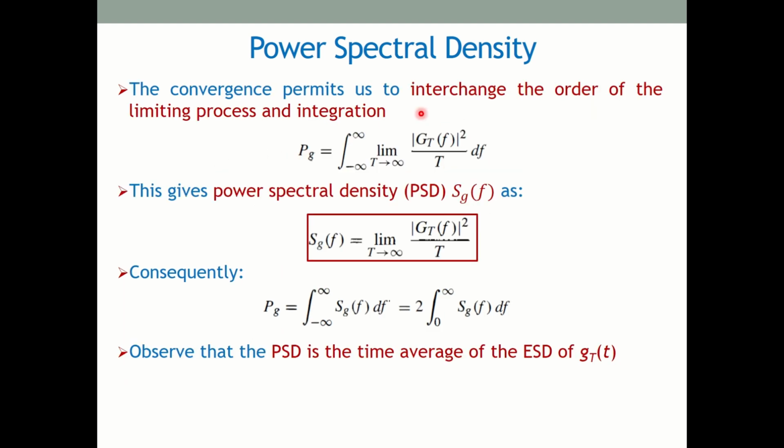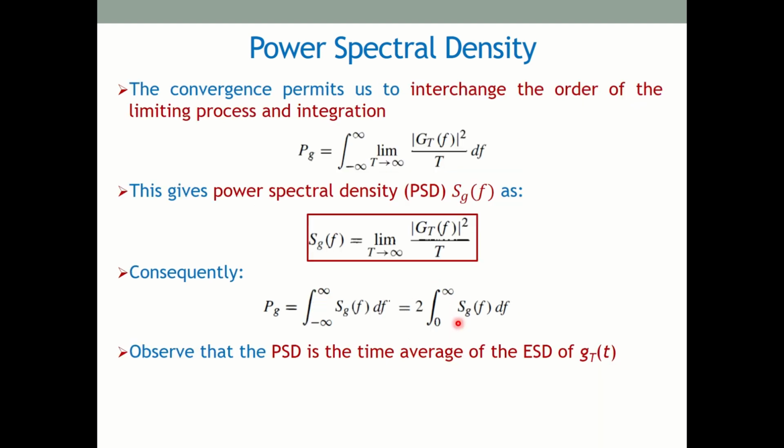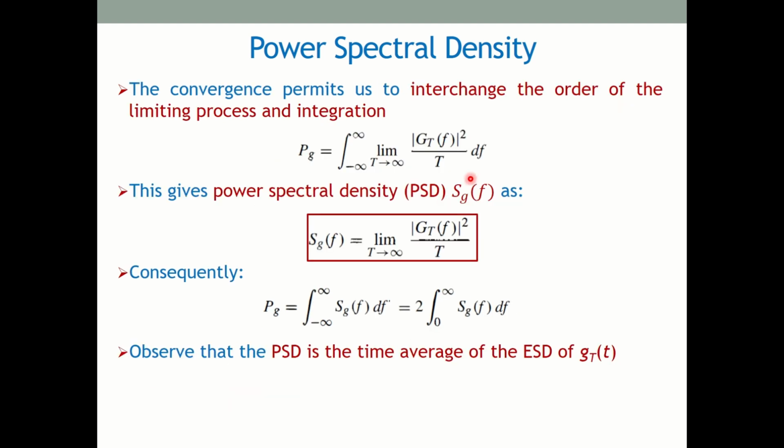Now the convergence permits us to interchange the order of the limiting process and integration. Since this is a finite value, we can change the order, so the limit goes inside the integral, just like this. This is the new expression extracted from the previous one.